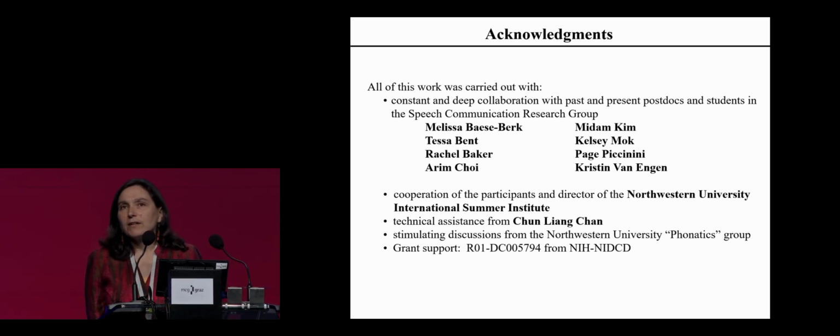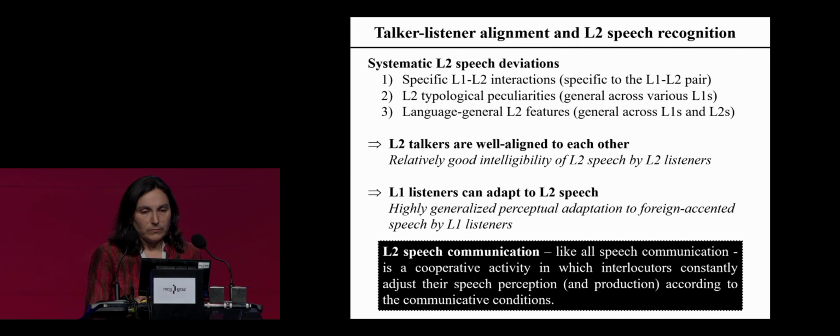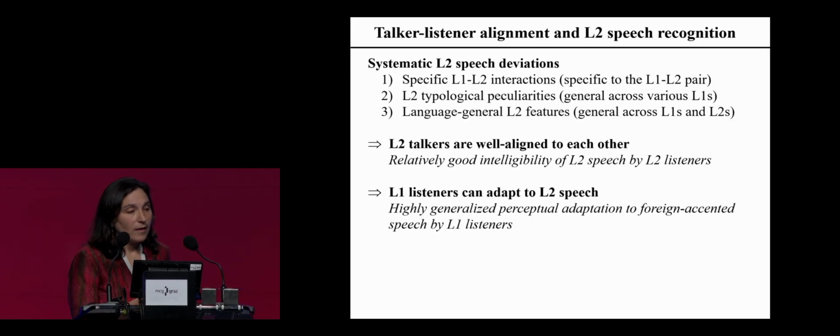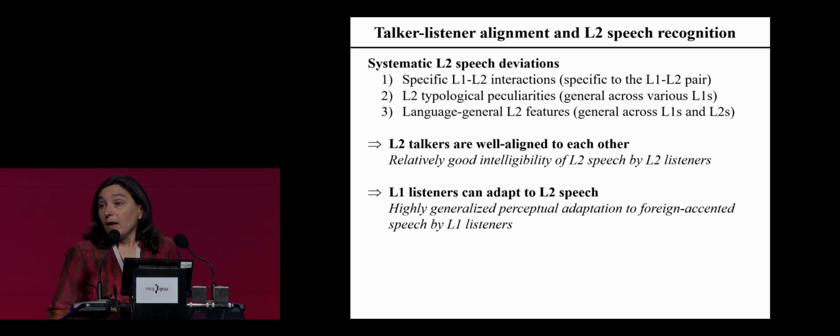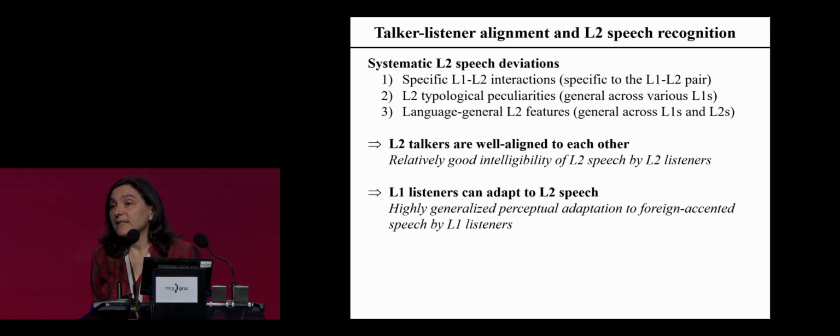Thank you. So we don't have any direct evidence that it's not just a general relaxing of the broad criteria in that particular case. We have the evidence from the other case. But that's still a little bit of an open question. The mechanism that would underlie this, however, is exactly the sources of systematicity that extend beyond one group of accented speakers. So the sources of systematicity that come from the L2 typological peculiarities.